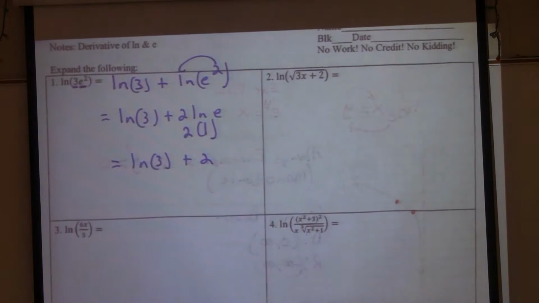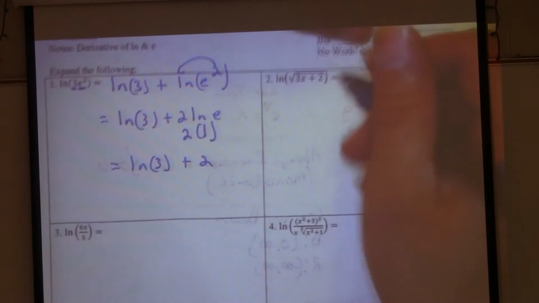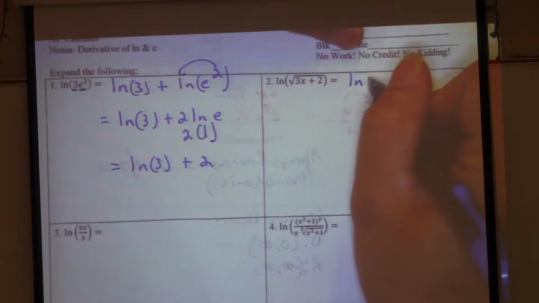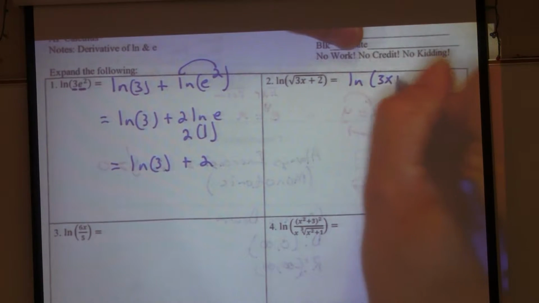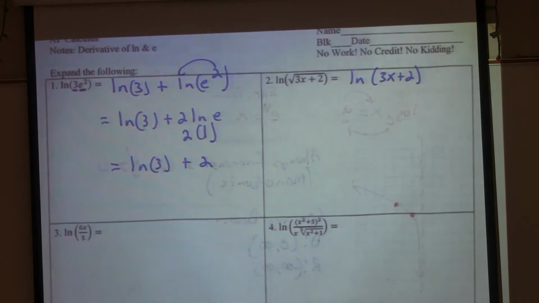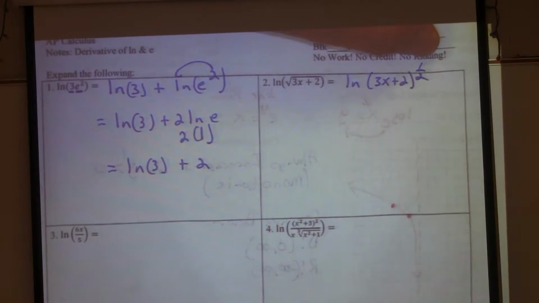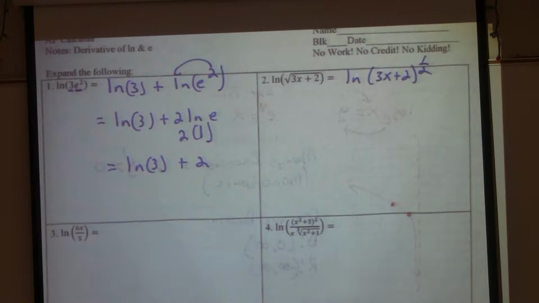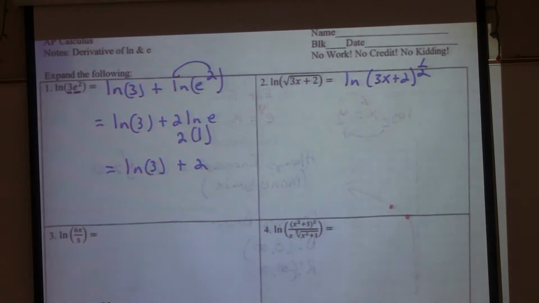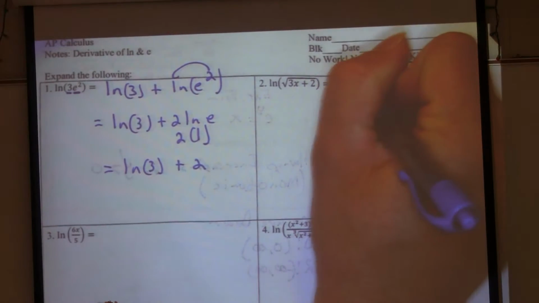What could I do there before I get started? This would be ln of what? 3x plus 2 to what power? To the half, right? After I rewrite it like that, now I can expand it. So what can I do with that half power? Send it to the front.